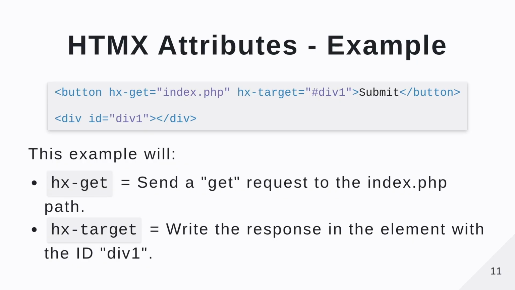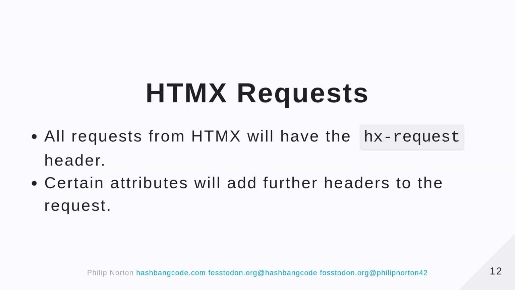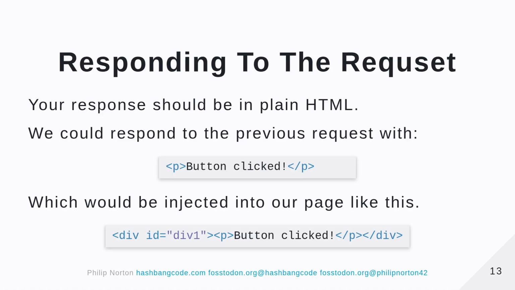And the target of the response is then this div1. So div1 is where the response will go into inside the page. The request we make to the server will be tagged with this HX-Request header, so we can detect that on the back end. You can add certain attributes to make more headers, but generally you don't need that if you're starting off.